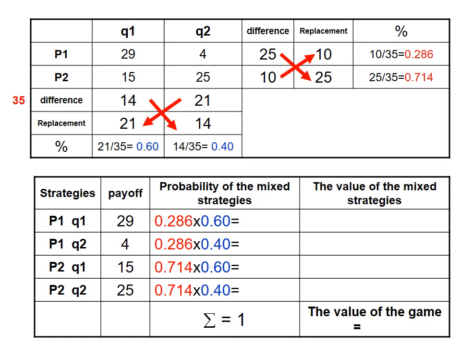Probability of the mixed strategy. For strategy B1 Q1, we will take the probability of B1, 0.286 in the first row, times Q1, the probability of this strategy, 0.60.